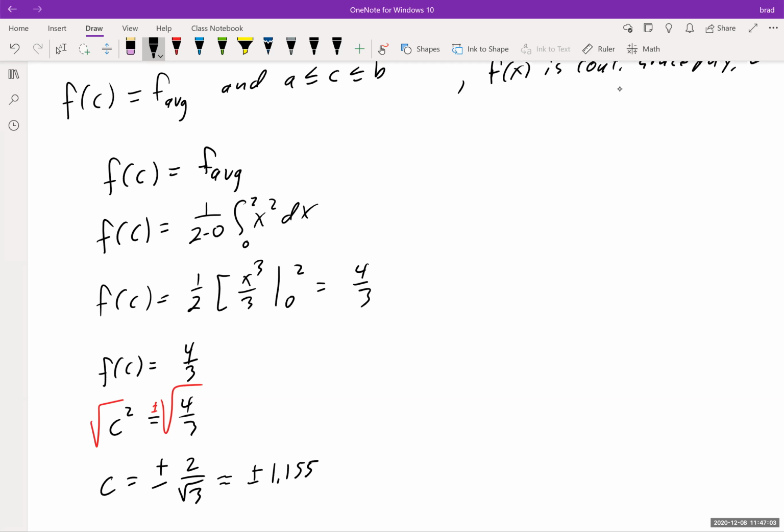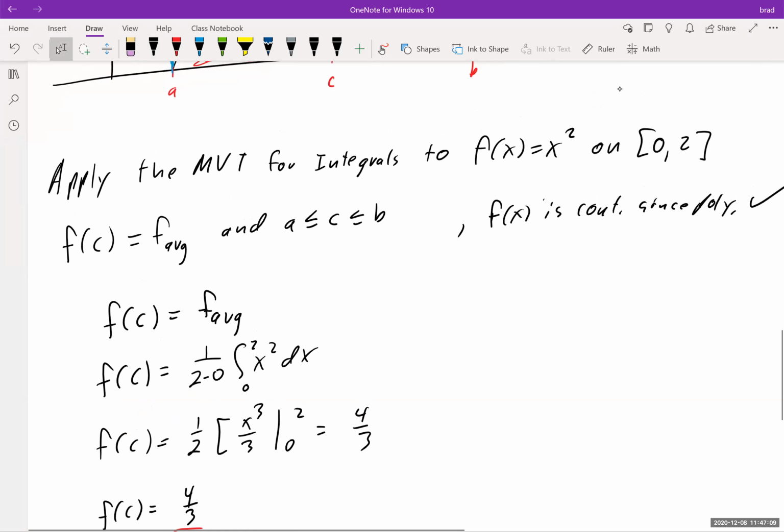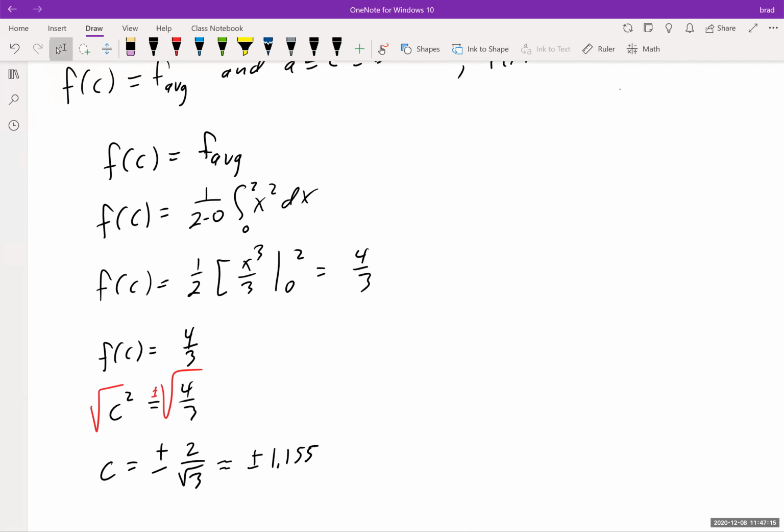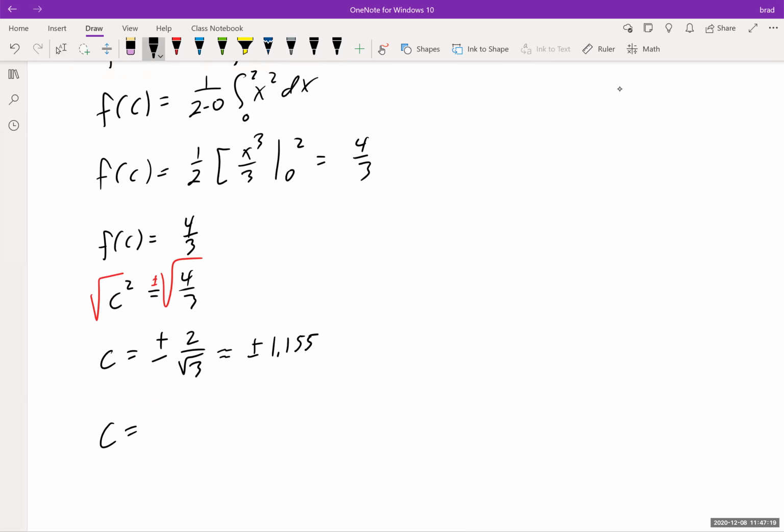Now, we have to make sure that these two values of c are in between a and b. Well, because a and b goes from 0 to 2, that means that we have to throw out the negative 1.155, okay? So that means that c equals plus 2 over the square root of 3, or c equals 1.155 if we're rounding off, okay? So we only count the positive, okay?